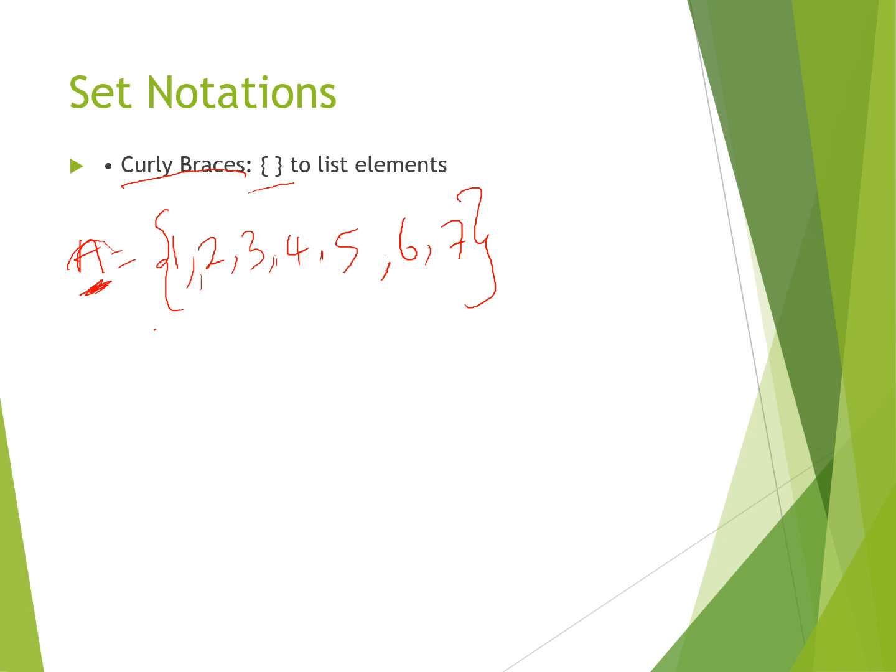So what is the use of this comma? It is used to separate one element from the other. Because if I don't use the comma here, what will happen? Let me show you.